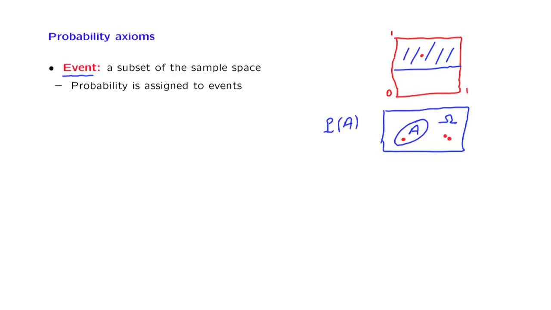Now we want to move on and describe certain rules, the rules of the game in probabilistic models, which are basically the rules that these probabilities should satisfy. They shouldn't be completely arbitrary. First, by convention, probabilities are always given in a range between 0 and 1.